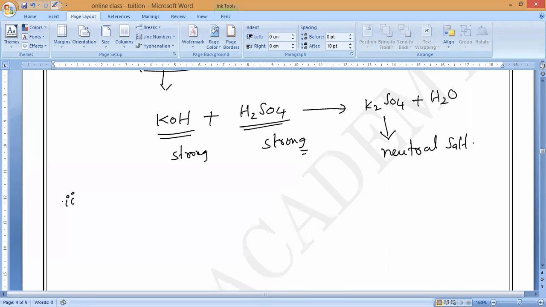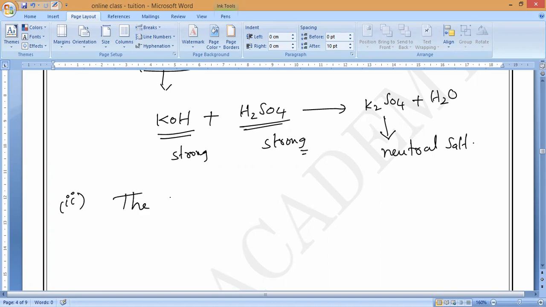Now, what is the second point, opposite to that? When weak acids or weak bases react, they give acidic solutions. Write it.